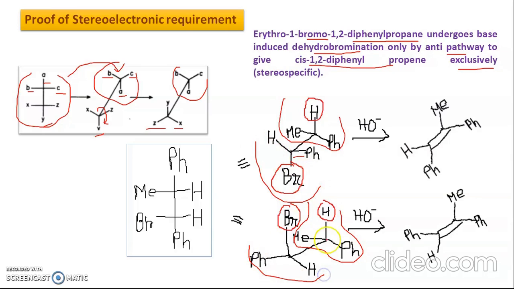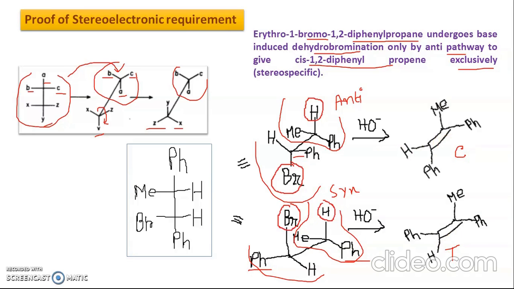In the first arrangement, you can see bromine and hydrogen are in anti arrangement, but in the second case it is syn. So when it is syn and bromine and hydrogen are removed, look at the position of the two phenyl groups, they are on the opposite side, so the final product is trans. But from the anti arrangement, what you are getting is the cis product, right?